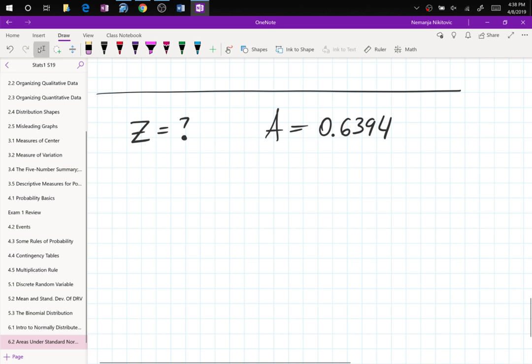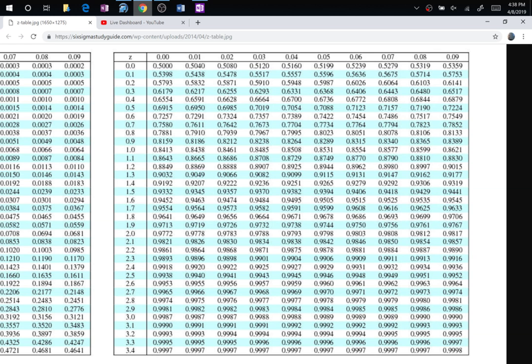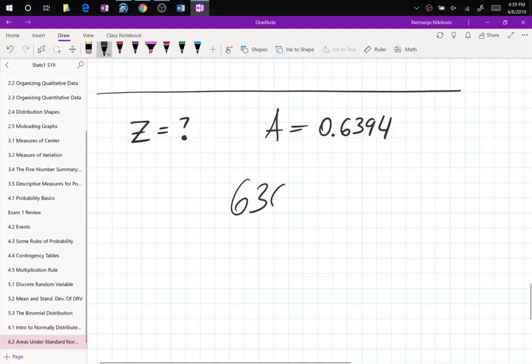So we're going to go and stare at the chart until we find the closest number to 0.6394. So we have the choice between 6368 and 6408. Now, which one is closer to 94?